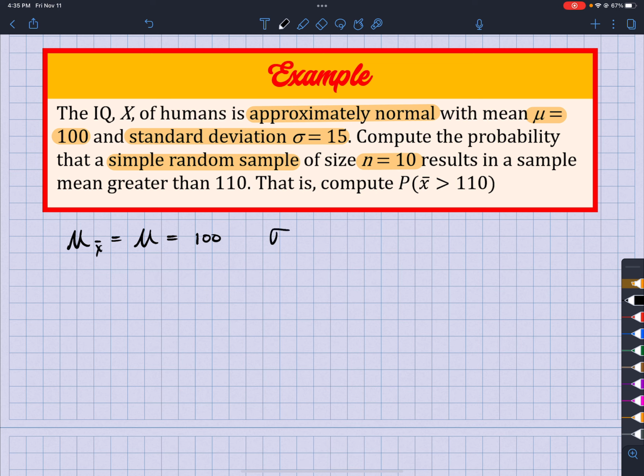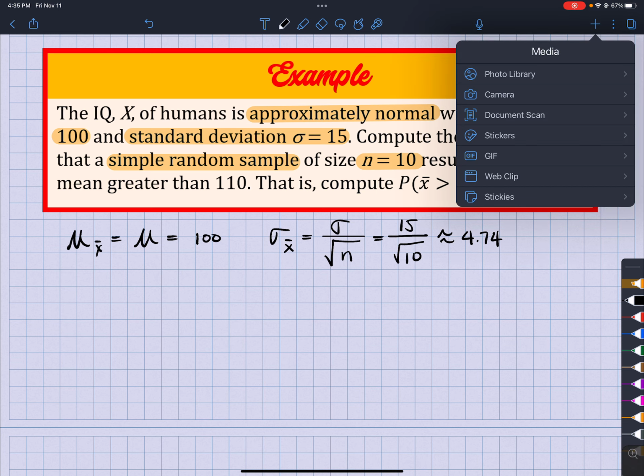However, the standard deviation of this sample mean is going to be the standard deviation of the population divided by the square root of n. So in this case, it's going to be 15 divided by the square root of 10, and that's approximately 4.74.